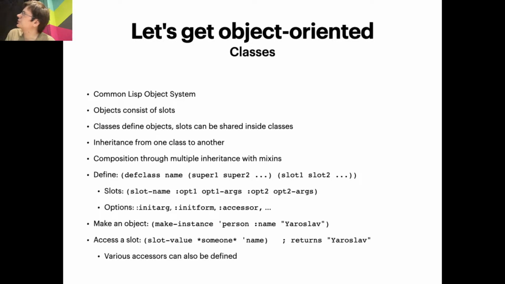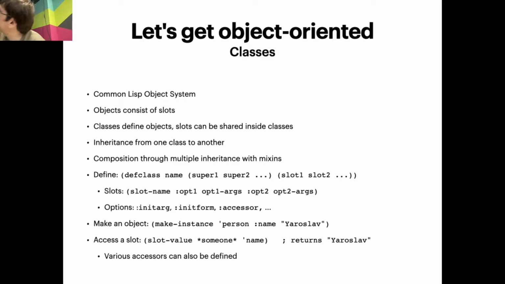It's called the Common Lisp Object System. Xerox PARC, the original creators of object-oriented programming as we know it, contributed directly to its design. So it is more similar in spirit to the object system of Smalltalk rather than Java, for example.